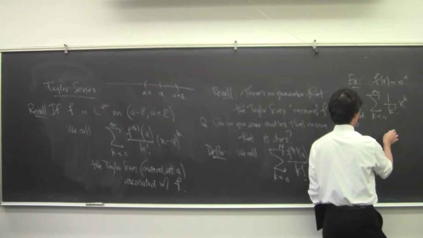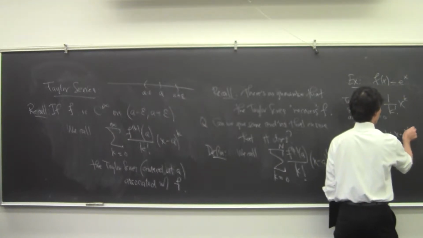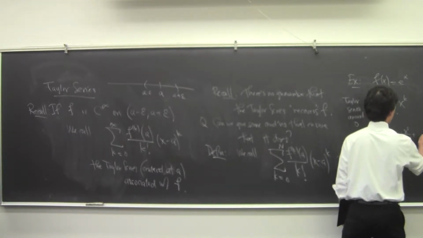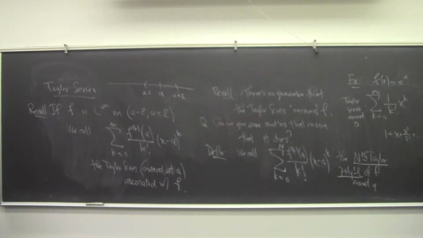So 1 plus x plus x squared over 2 factorial plus up to x to the n over n factorial. If we stop it at the nth power, then that's called the nth Taylor polynomial.